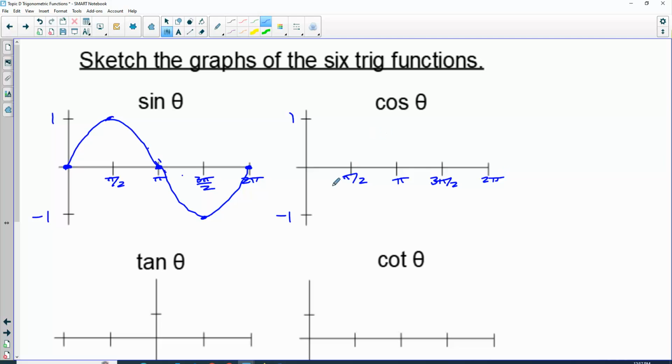All right, what's the cosine of 0? 1. Yeah, think about your unit circle. If you look at these points, cosine's the x value. So at pi over 2 on your unit circle, the x value was 0, and then at pi, your x value, 3 pi over 2 and 2 pi.